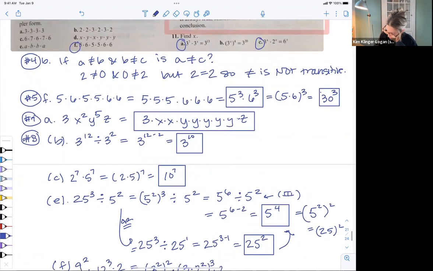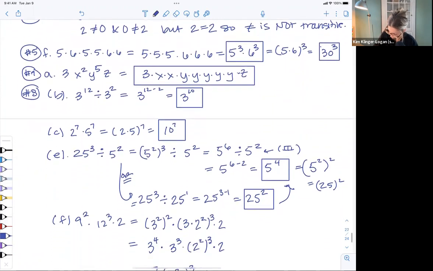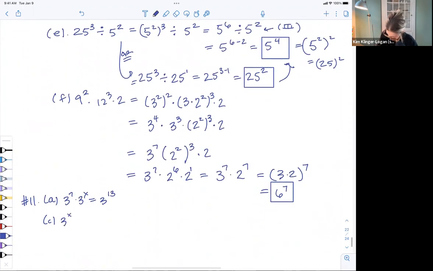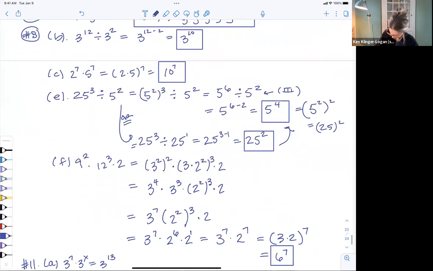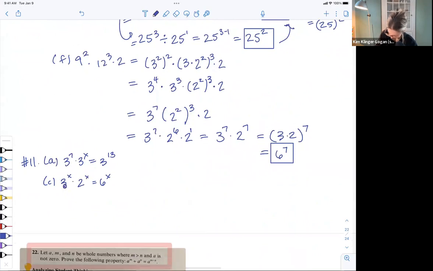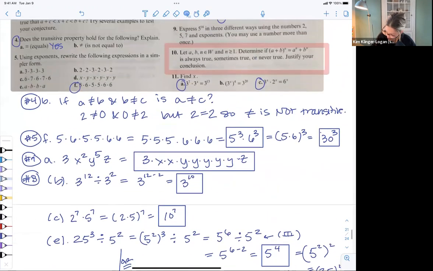And I'll just write this one down: 3 to the x times 2 to the x equals 6 to the x. Okay, so for these problems, let's just look back at the directions real quick. What we want to do is find the value of x that makes this equation true.